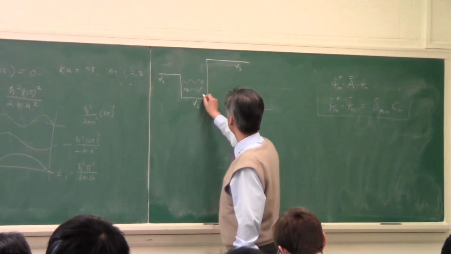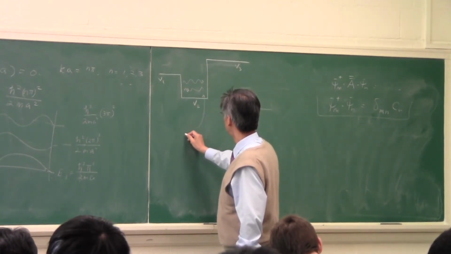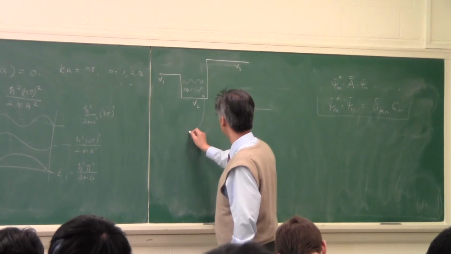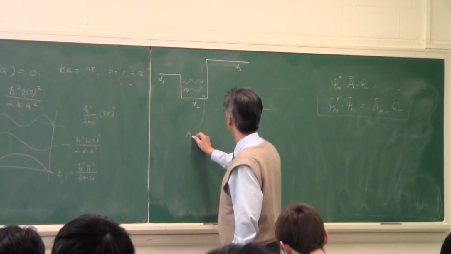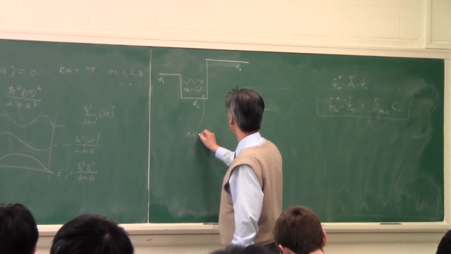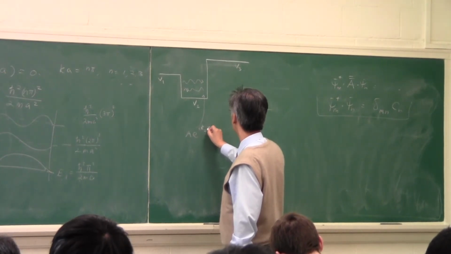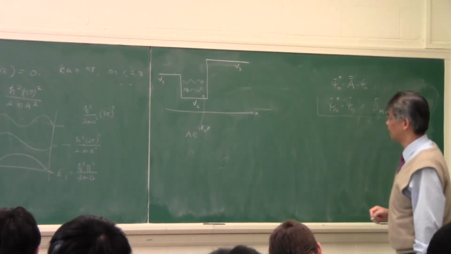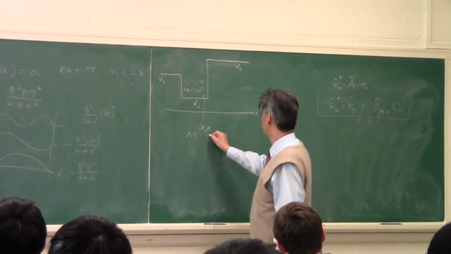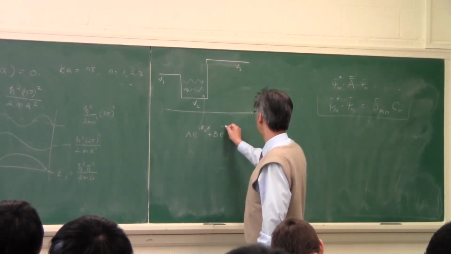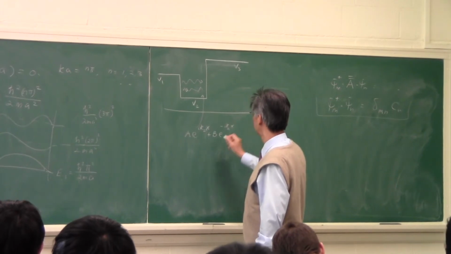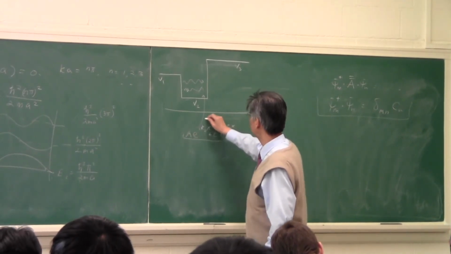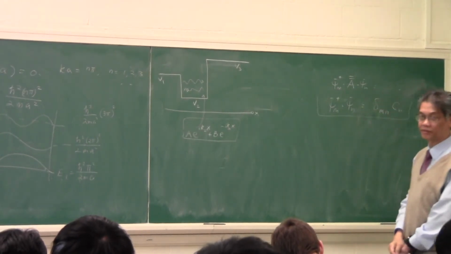So inside this region, you will write the solution as being equal to A e to the i k2 x, I can call this the horizontal axis x, plus B e to the minus i k2 x. So I can write the solution in the middle region as such.